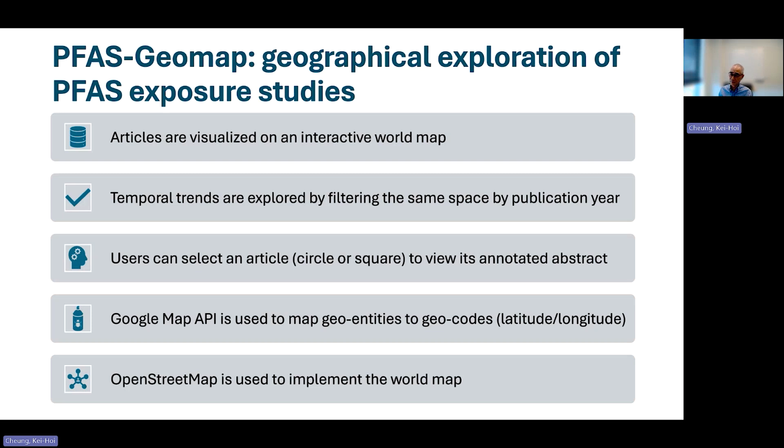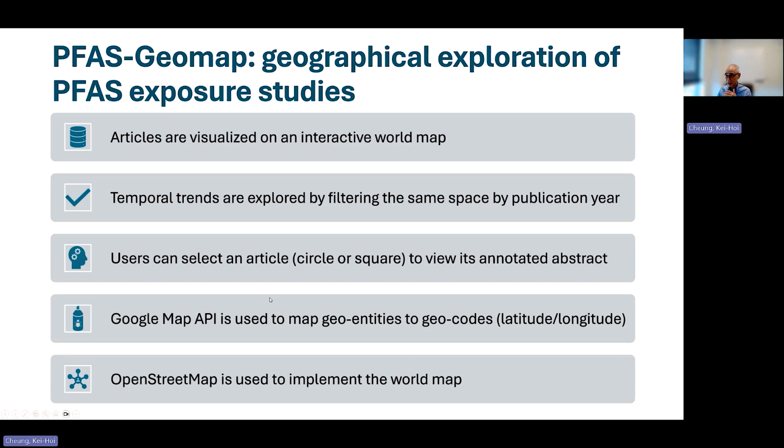So another visualization tool I would like to describe to you is the so-called PFAS GeoMap, Geographical Exploration of PFAS Exposure Studies. So basically, we use a web-based interactive world map to allow people to visualize PFAS-related articles geographically, to explore the geographical distribution over time again.